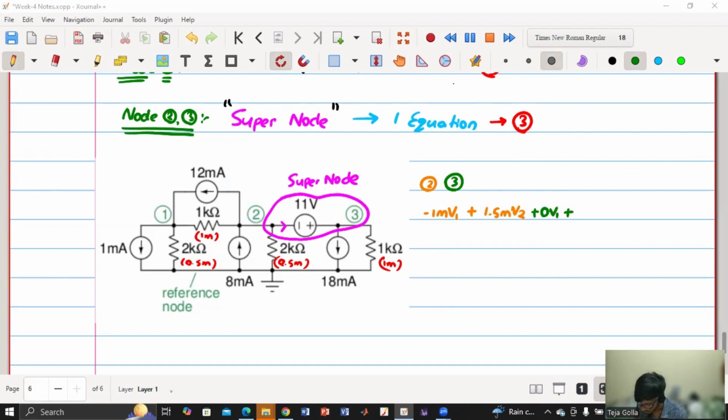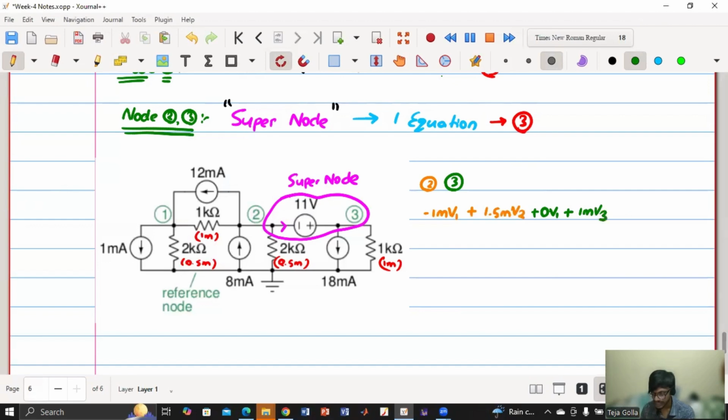Is it minus or plus? Plus. Is it 1.5 or only at node 3? Only at node 3, 1 milli. Hema, do you agree? Yes, sir.